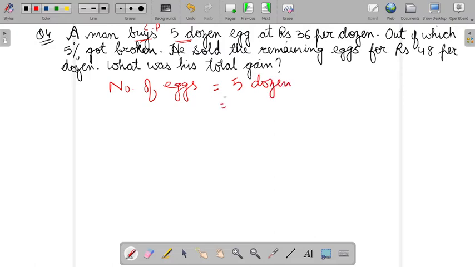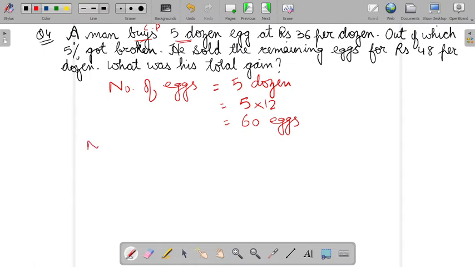So this would be how much? 5 dozen means 5 multiply 12. So the eggs would be 5 multiply 12, so it would be 60 eggs. And out of which 5% got broken.